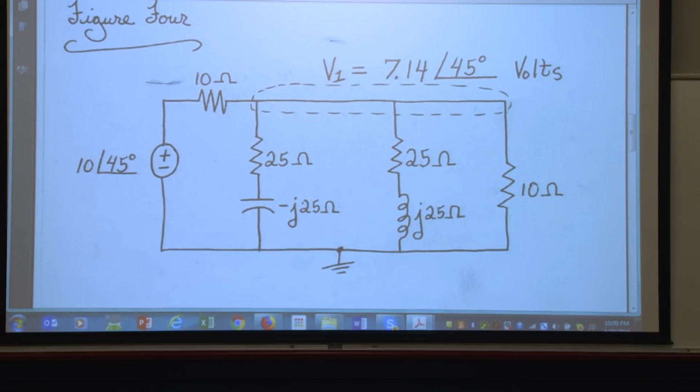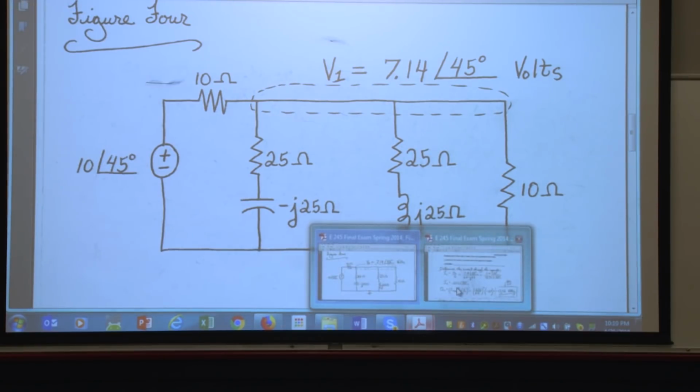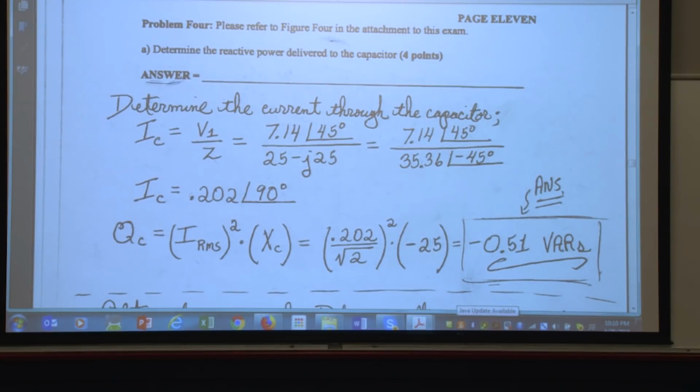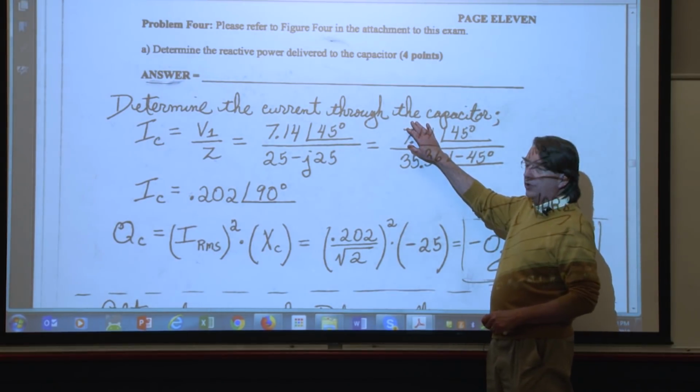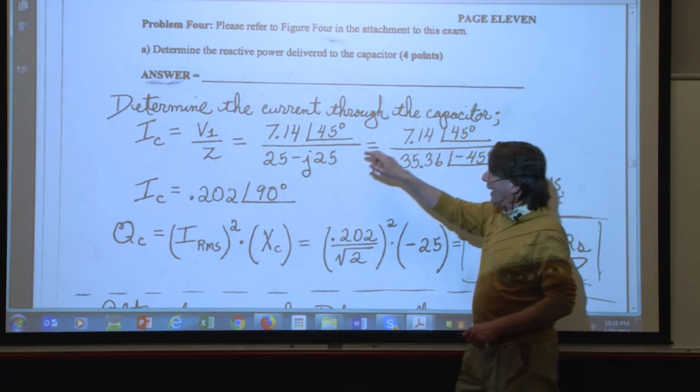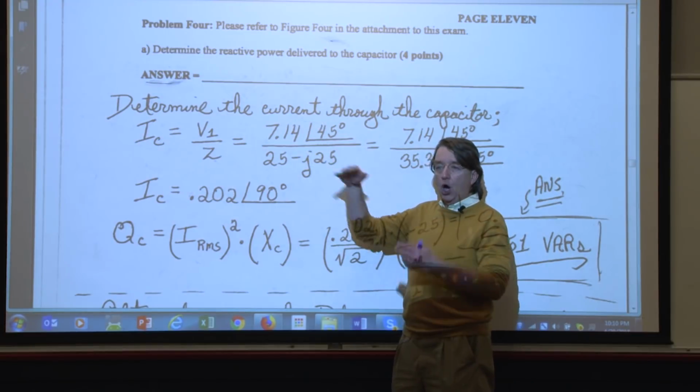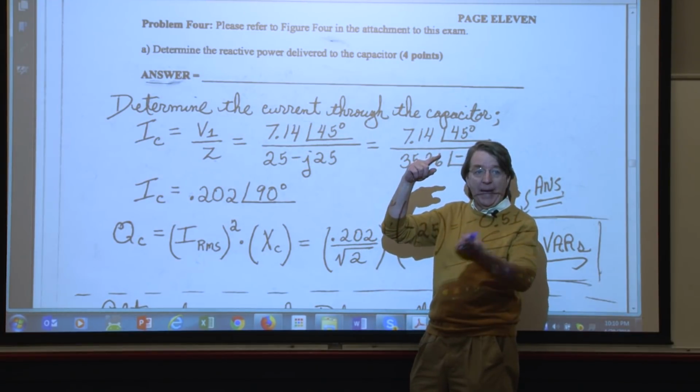All right, so my colleagues, let's look and see how I would solve it. It says determine the reactive power delivered to the capacitor. So what I do is I determine the current through the capacitor. We're told that we have this much voltage across that branch that has the capacitor in it.